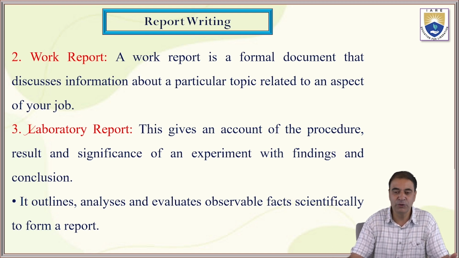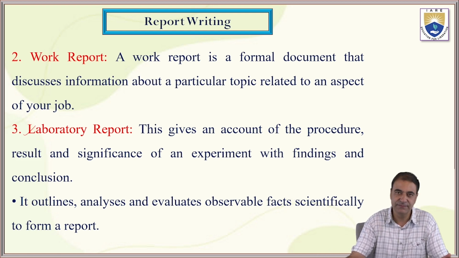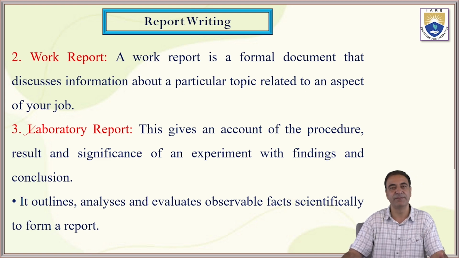If, for example, you are writing about a scientific experiment, we follow all the procedures taken in that scientific experiment. We see the results, we see the significance of that experiment or the findings, and then the conclusion. It outlines, analyzes, evaluates observable facts scientifically to form a report.